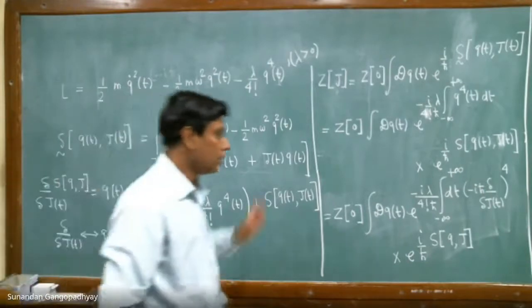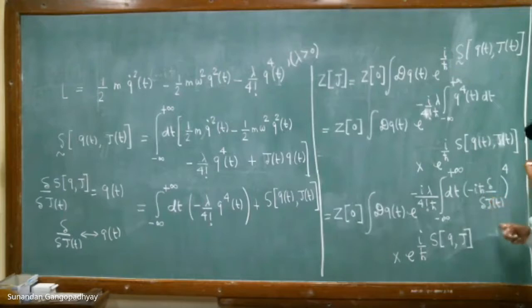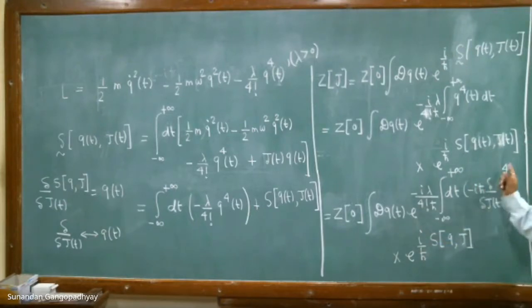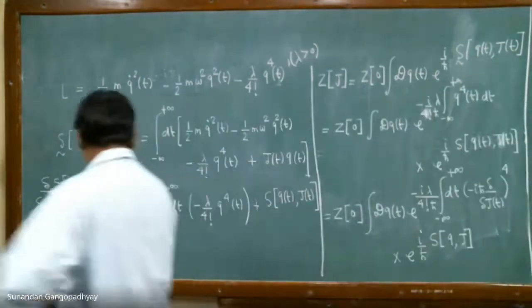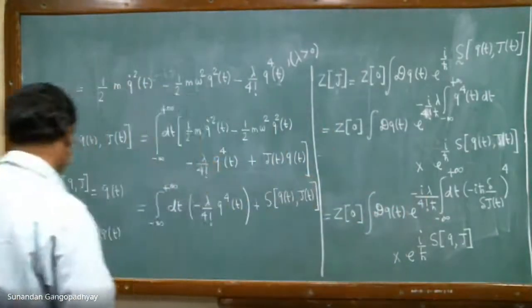That is what it means, and that is what we have done. But we have put in a factor of minus i h bar because of this factor. You want to kill the factor that will come along with q, and that kills this factor, and you will have only q to the power of 4 sitting here. But now something very important has happened in this way of writing.